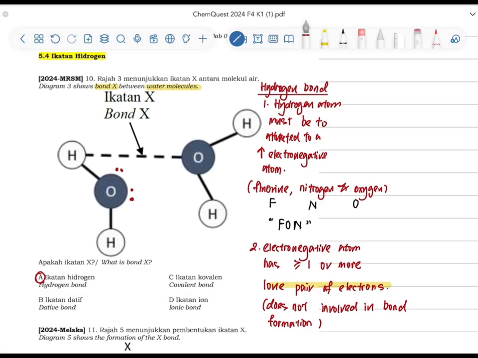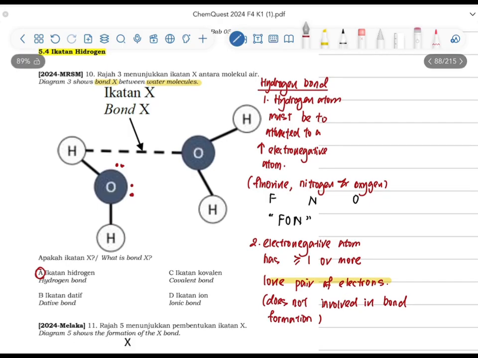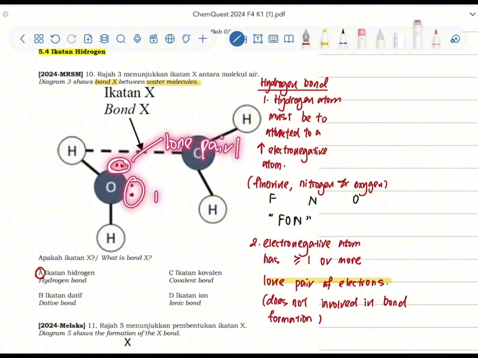Of course, this diagram does not show that the oxygen atom has two lone pairs of electrons, but you should know that. So this is a hydrogen bond. These two dots are one set of lone pair electrons, and this is another lone pair of electrons.